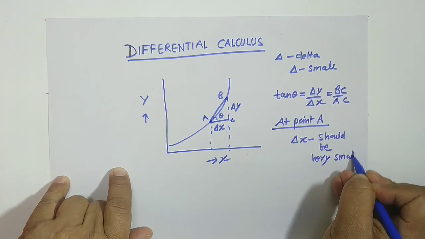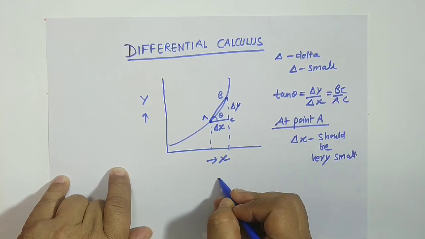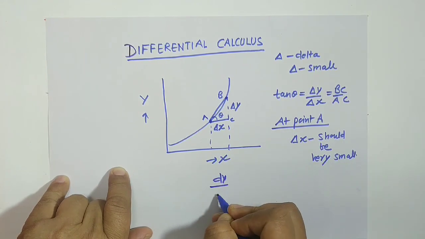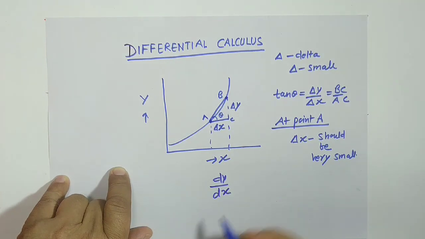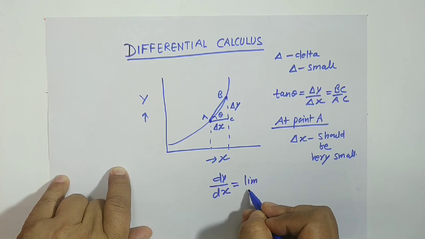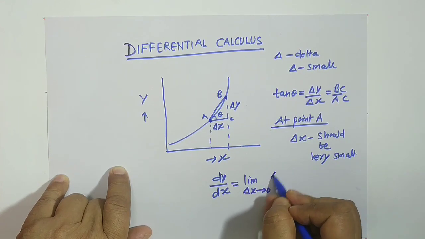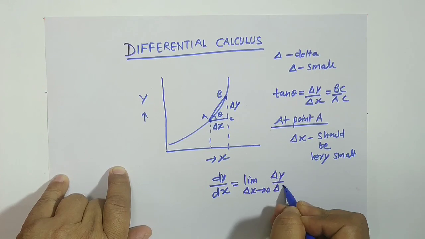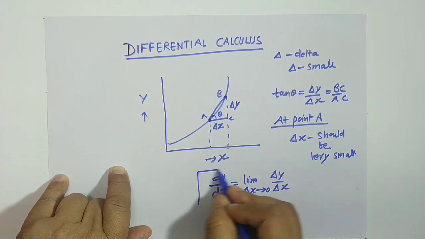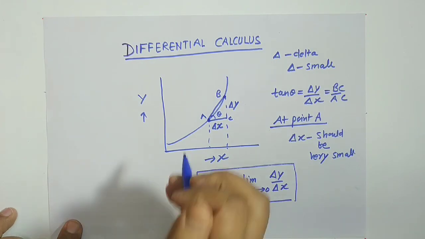That means if I am writing delta y by delta x, I can write dy by dx. But for the exact and precise value, limit delta x tends to 0. So it will be like this. This is why we write limit delta x tends to 0. Got it or not?